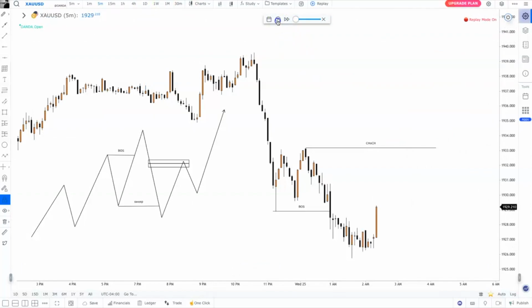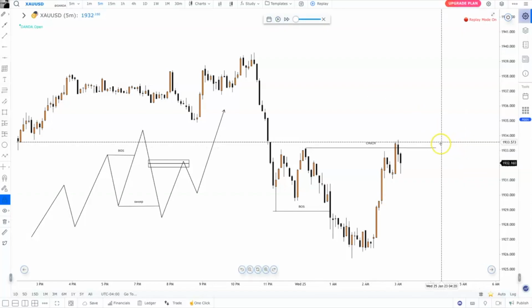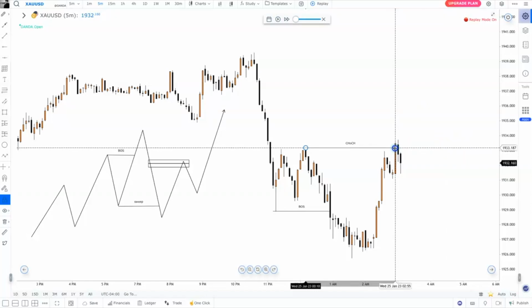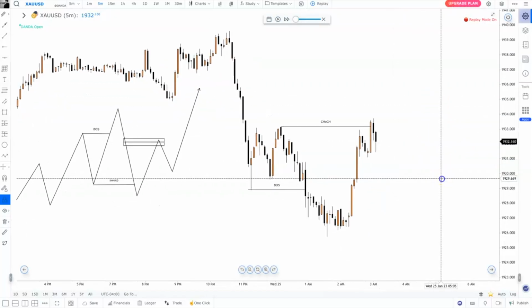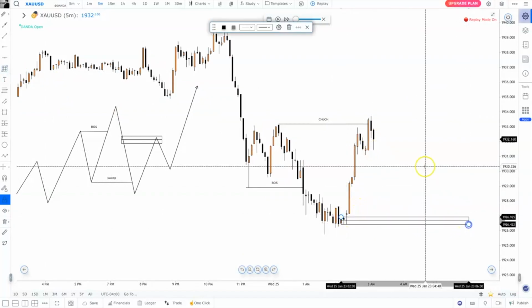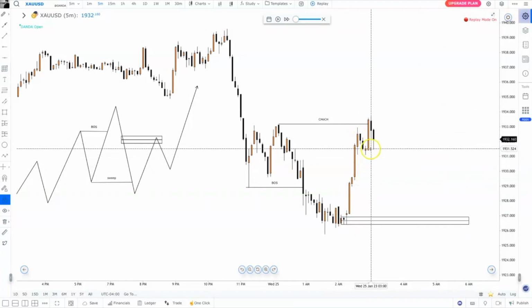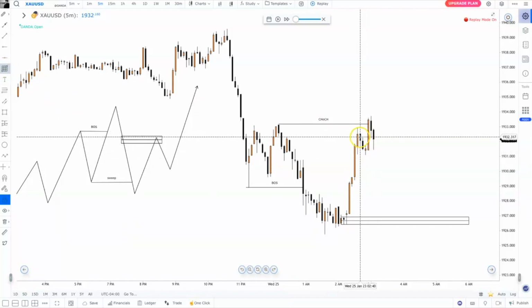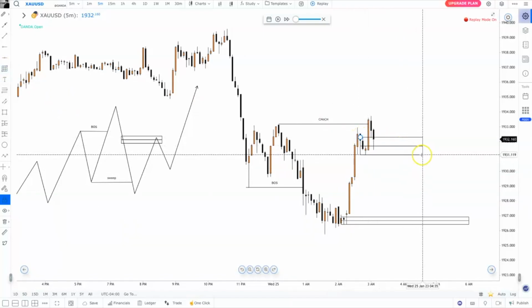So let's see what's happening. Boom, you go there and you see that you now have your potential change of character, and you're like, holy cow, I have my change of character there. Let me see if I can mark up this little zone right here as my order block, because I don't see anything else here. Maybe here there is a POI, maybe this POI zone right there.